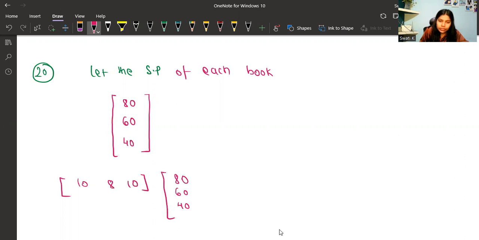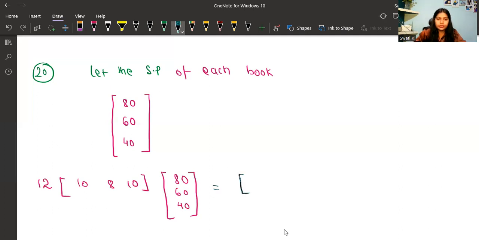I want to clear one thing: this 10, 8, and 10 are not the number of books, they are the dozens. But we need the number of books, so you multiply this by 12, because we know that in one dozen we have 12 items. So we just need to multiply this and we'll get the answer.